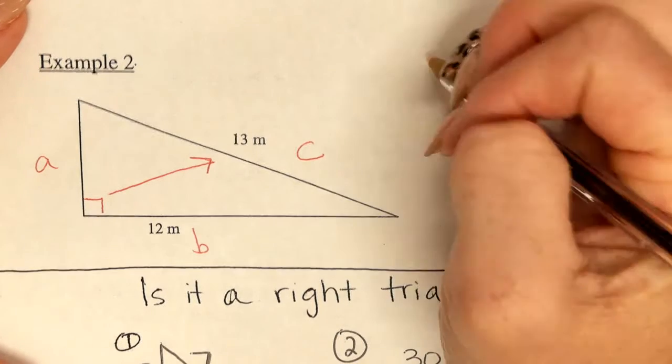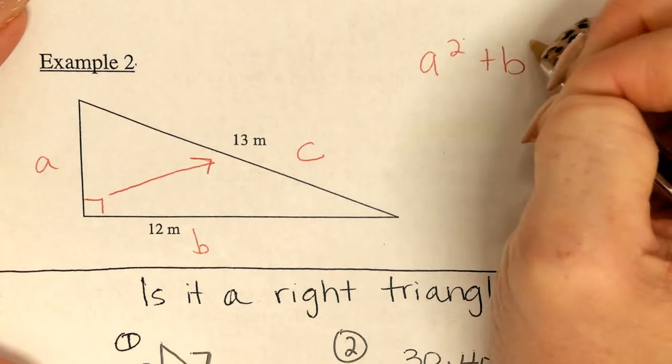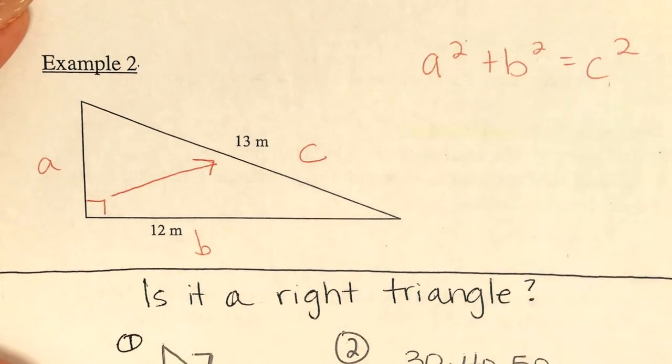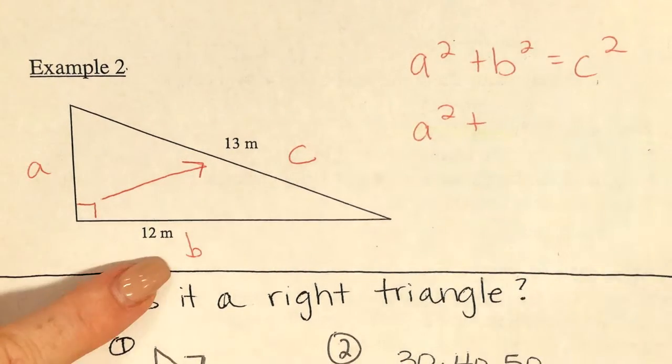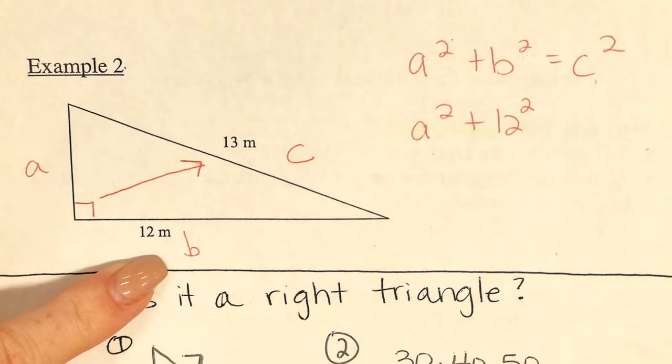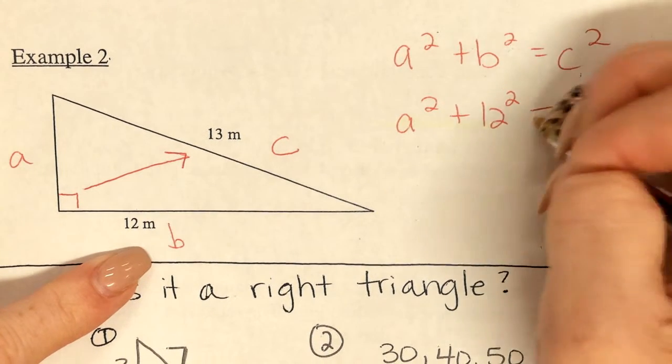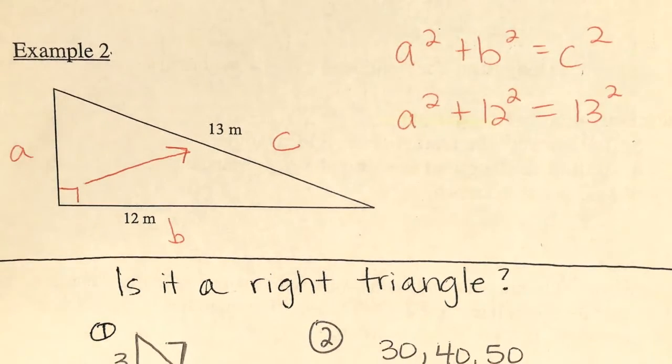Write your formula and plug in the numbers. I don't know A, but I know B is 12, so A squared plus 12 squared equals 13 squared.